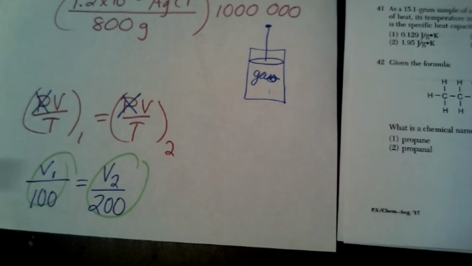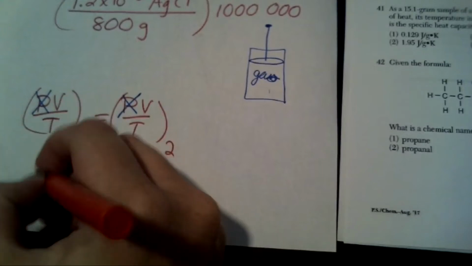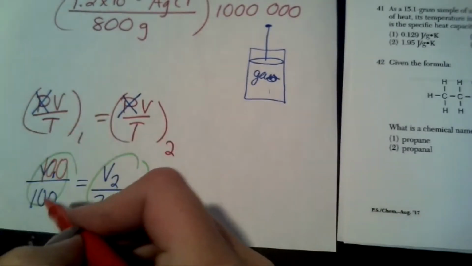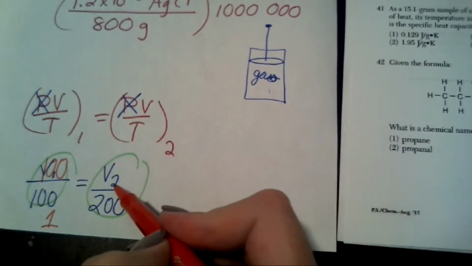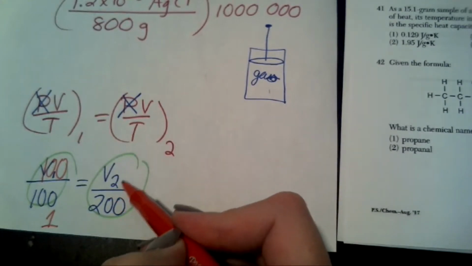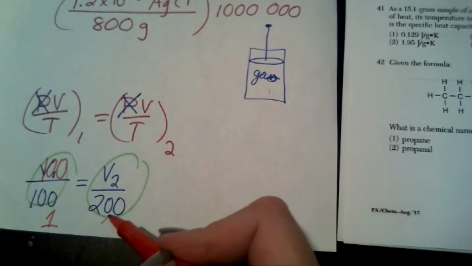So plug in a number for volume 1. Say it's also 100, because 100 is an easy number to work with. If this volume is 100, 100 divided by 100 gives me 1. What would V2 have to be so that that number divided by 200 would also give me 1?